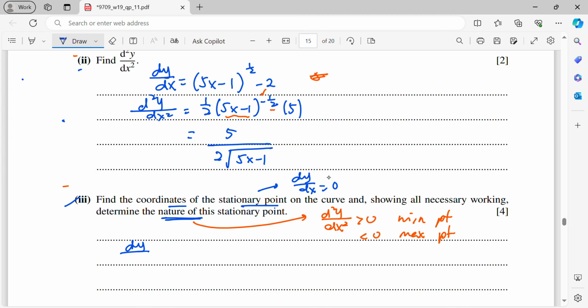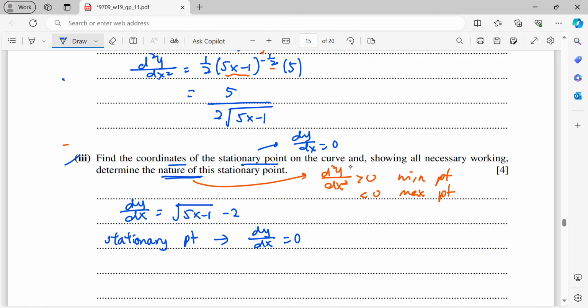So for dy dx, the degree half I change to square root, and stationary point means dy dx equals 0. In other words, square root of 5x minus 1, minus 2 equals 0.